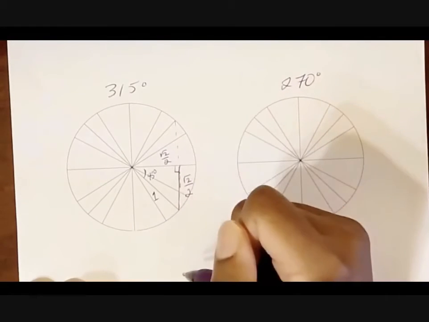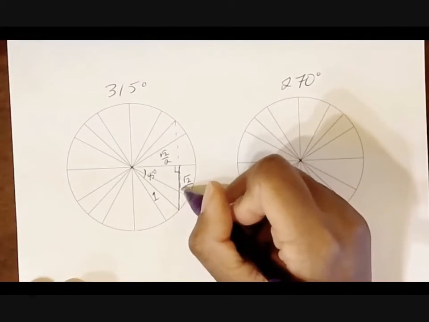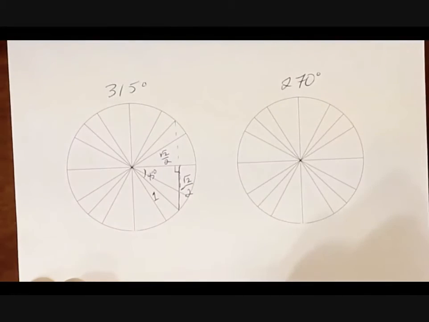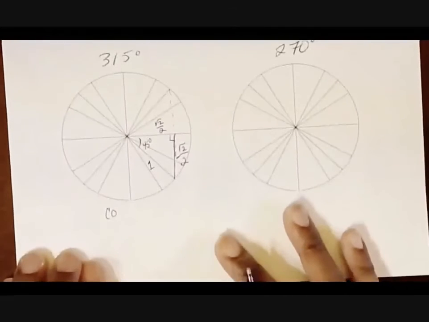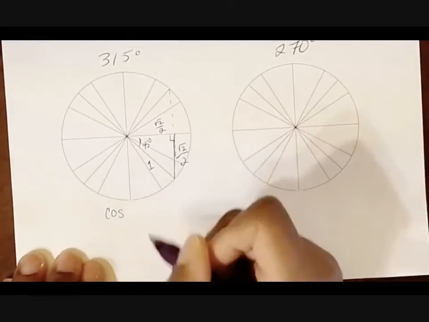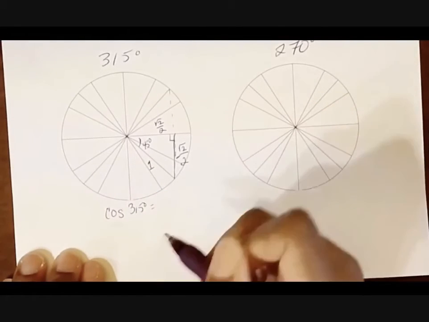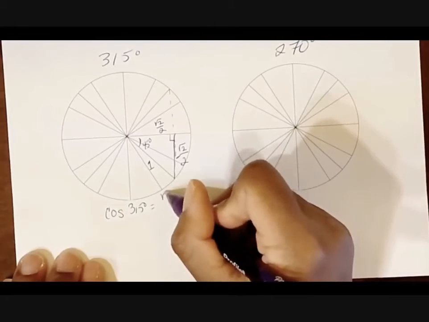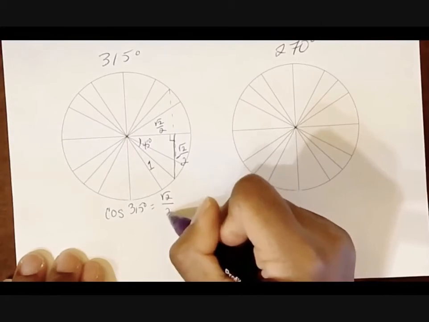However, since we're in quadrant 4, your y values are negative, so I'm going to put a negative in front there. So cosine of 315 degrees is the square root of 2 divided by 2 over 1, which is just the square root of 2 over 2.